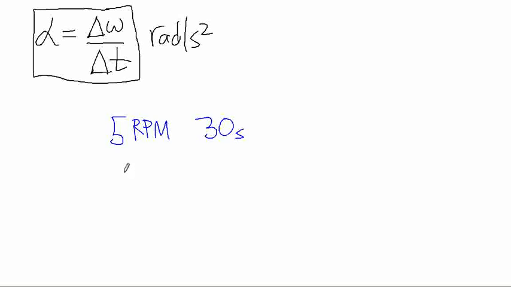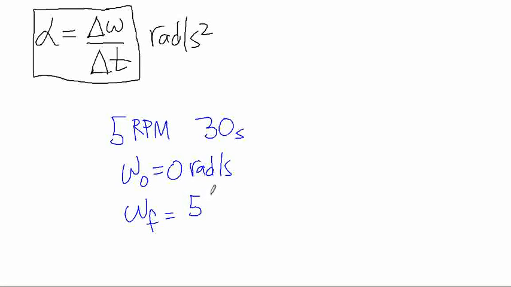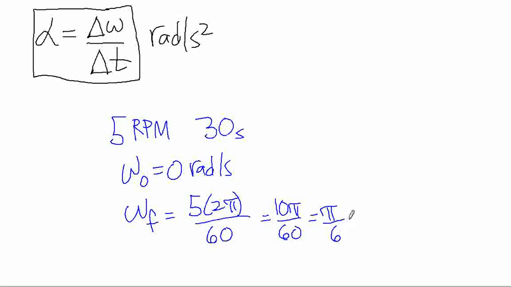Okay, so the initial angular velocity was 0 radians per second. The final angular velocity is, let's see, so 5 revolutions corresponds to 5 times 2 pi radians. 1 minute corresponds to 60 seconds. So 10 pi over 60 radians per second, pi over 6 radians per second.